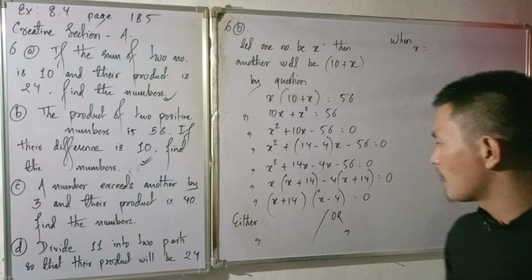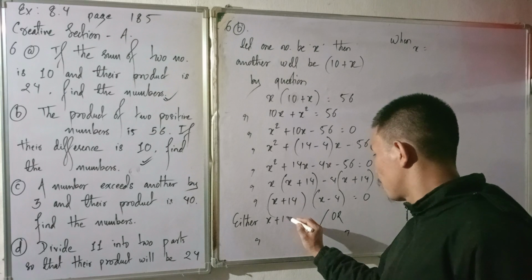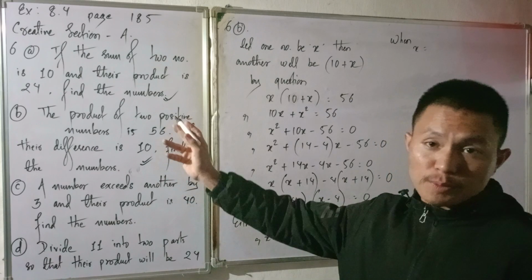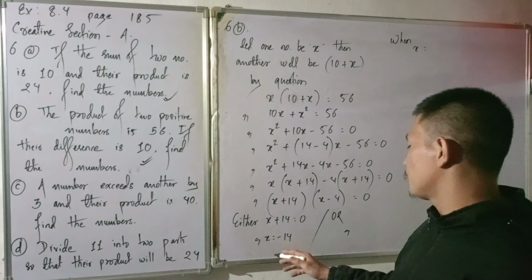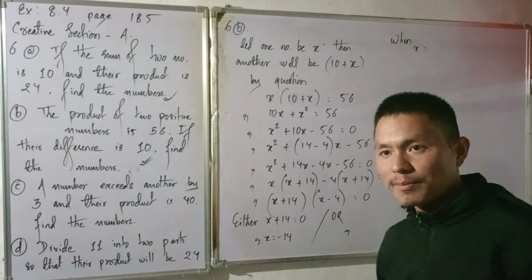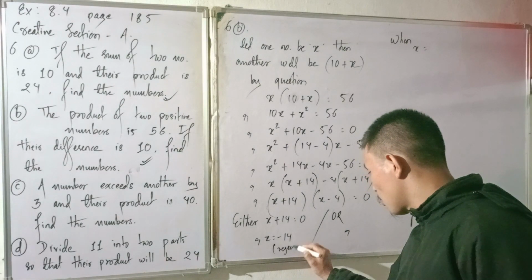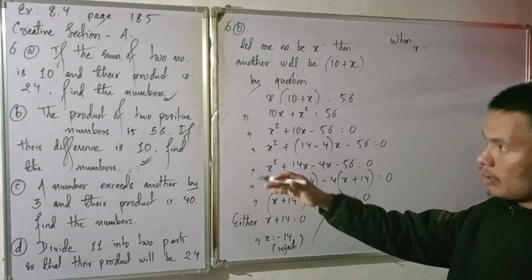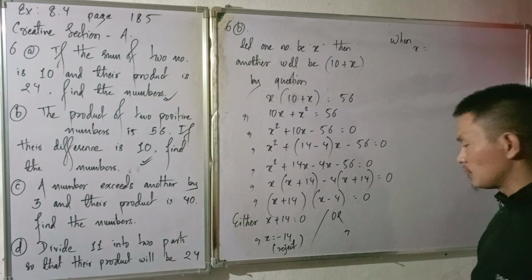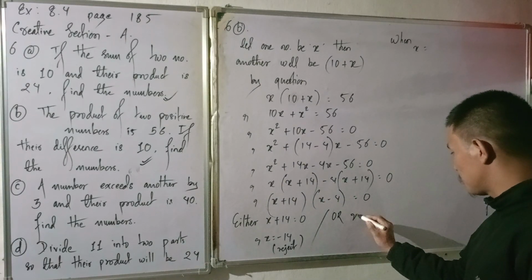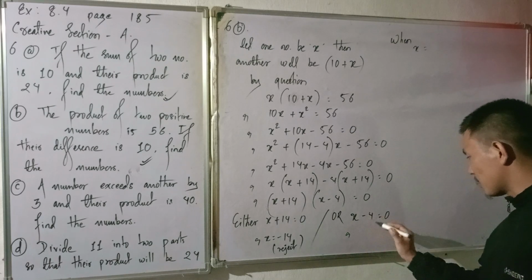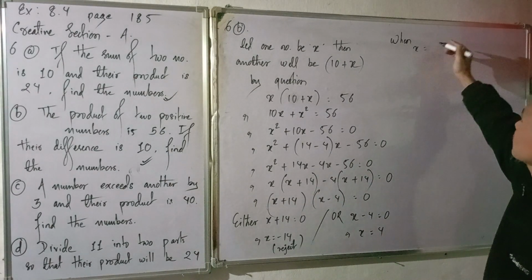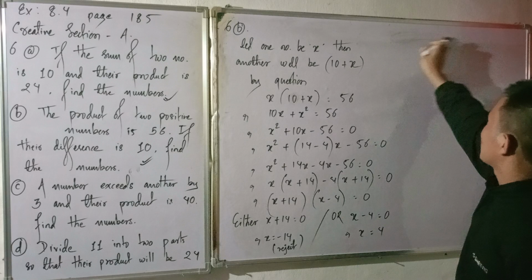Now you do either x plus 14 equals 0, which is x equals minus 14, or we have to consider the positive number. Here we derived the value of x as negative, minus 14, so you reject this. We only need the positive numbers because of what is mentioned in the question. Now x minus 4 equals 0, so x equals 4.